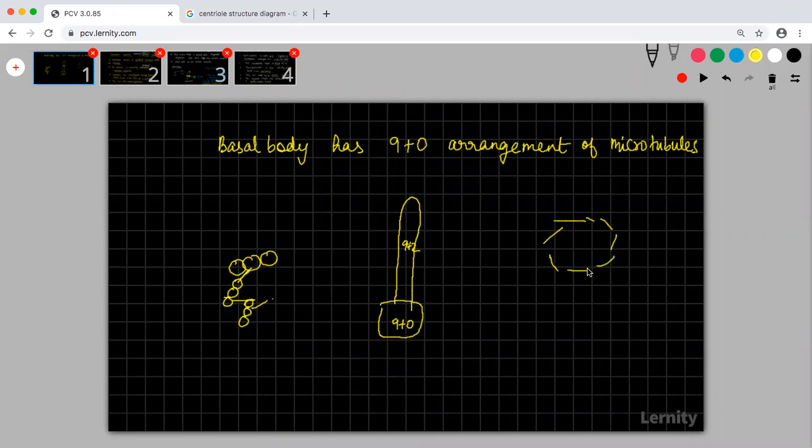1, 2, 3, 4, 5, 6, 7, 8 only is there. Let me draw you one more thing. Now these interconnecting proteins will be seen in the center. They'll be connecting, and this central area is filled with these interconnecting proteins. So this is called the hub.